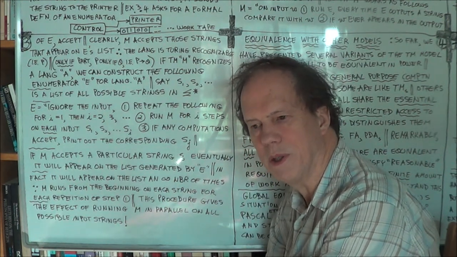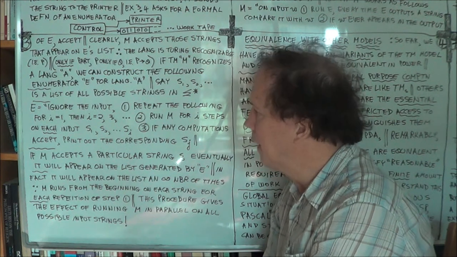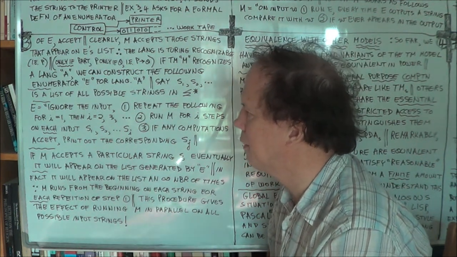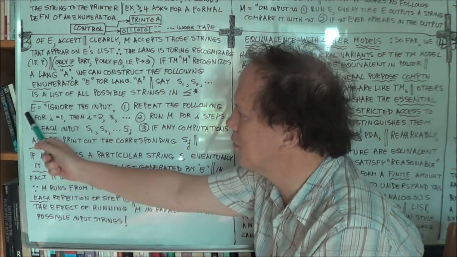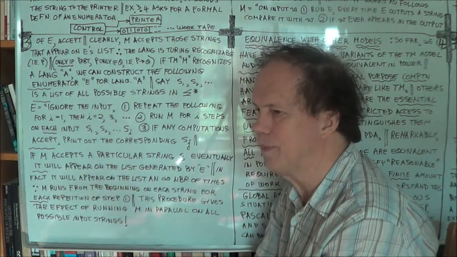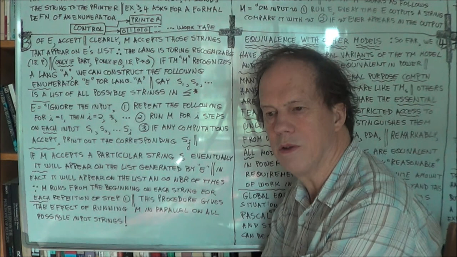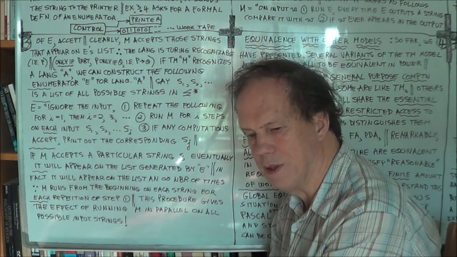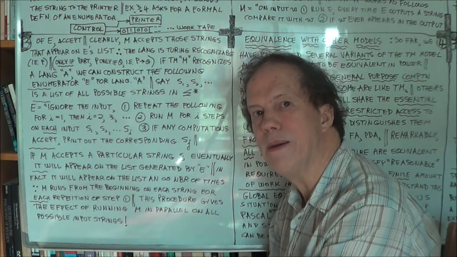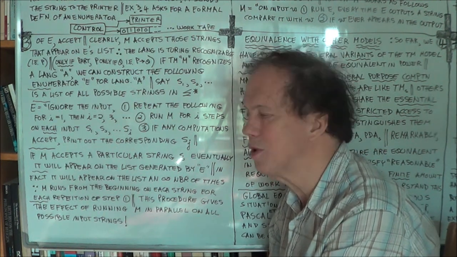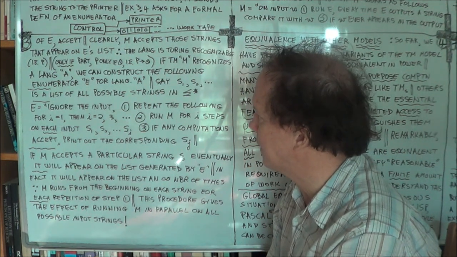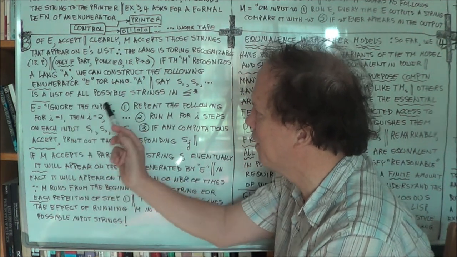They're to be equivalent. So how can we construct a machine E, an enumerator, to ensure that it will print out a string if it is accepted by M, the standard Turing machine? Well, here's one way. Firstly, just ignore the input.